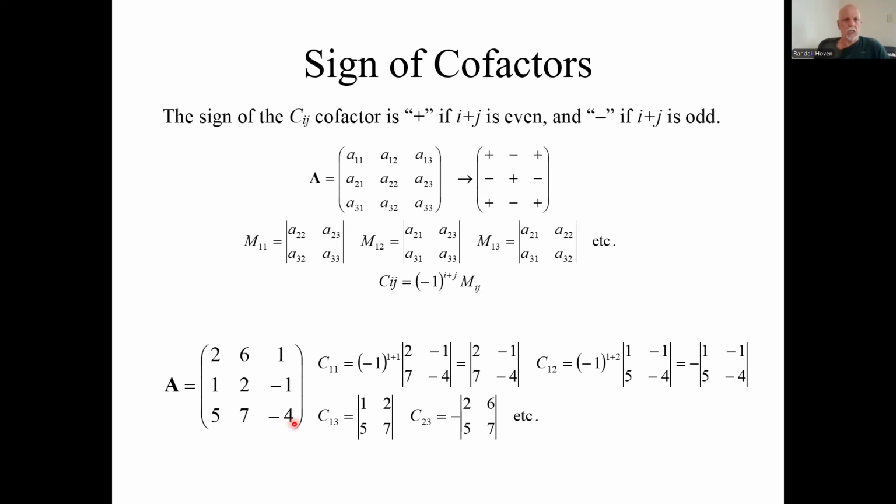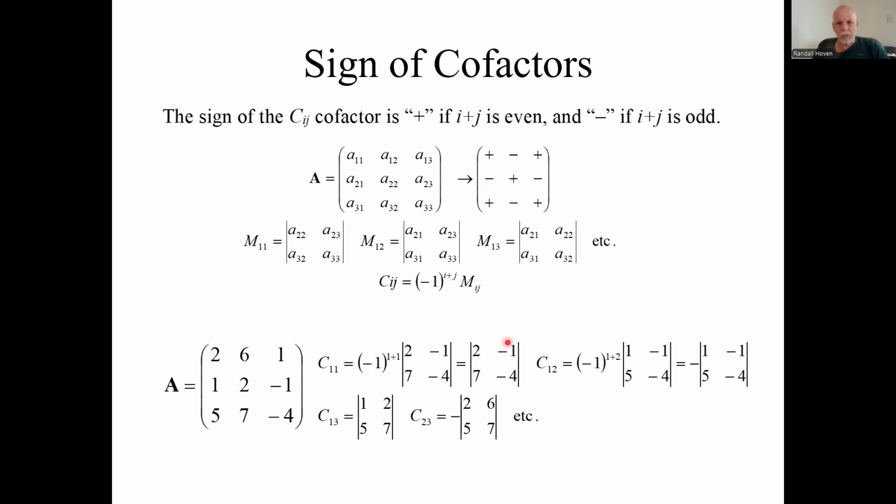So let's look at this guy and let's calculate not all of the cofactors. Let's do the 1, 1 term. The 2 minus 1, 7 minus 4. Minus 1 to the 1 plus 1. So that's a plus, so I don't have to change the sign. I can calculate that term.